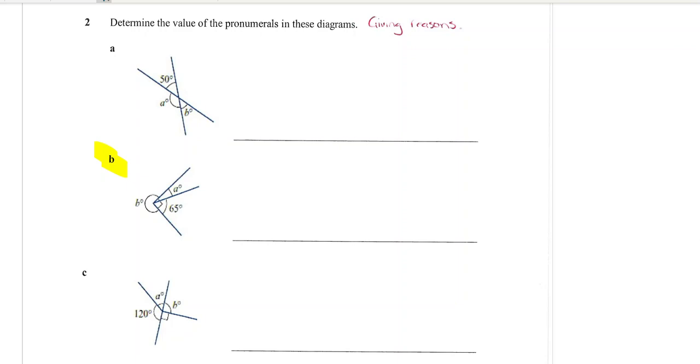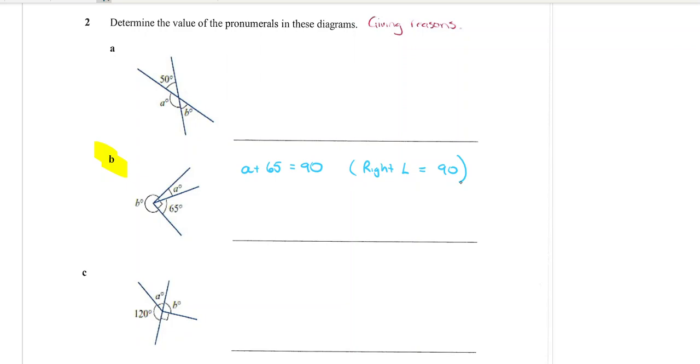Usually alphabetical order is the best way to go, so I'm going to start with A. A is in the right angle with the 65, right? So we are going to make an equation: A plus 65 equals 90 degrees. And then we write our reason in brackets. Right angle equals 90.